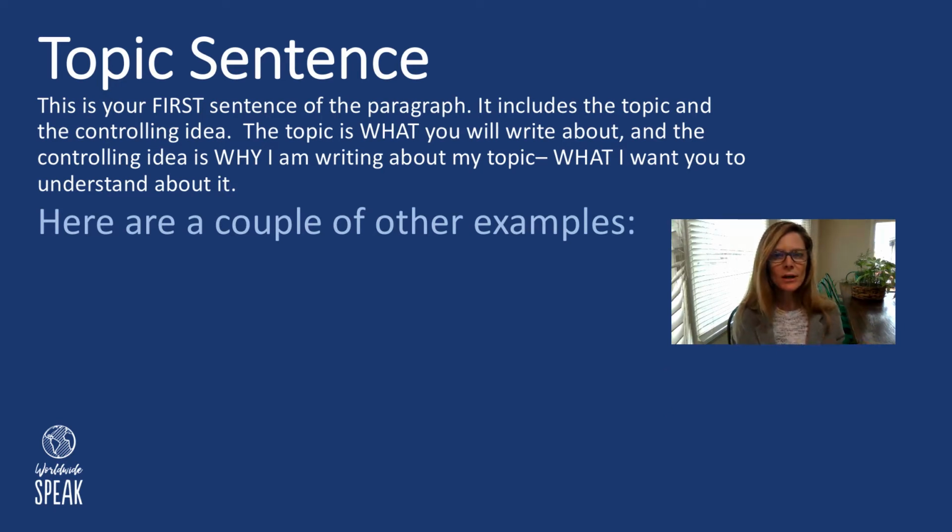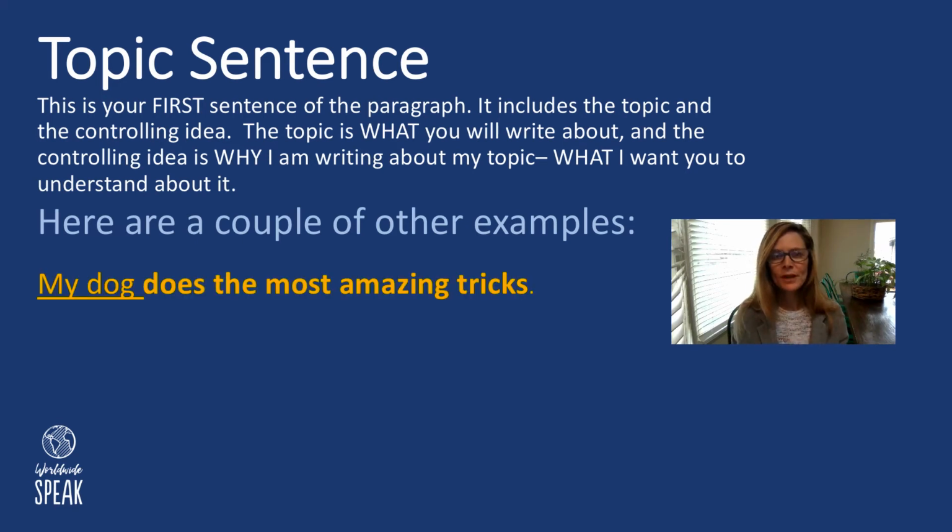Let's take a look at a couple more examples so you can understand this. Let's say we had a topic sentence like this. My dog does the most amazing tricks. Well, you're talking about your dog, that's the topic. And how are we going to focus on your dog?